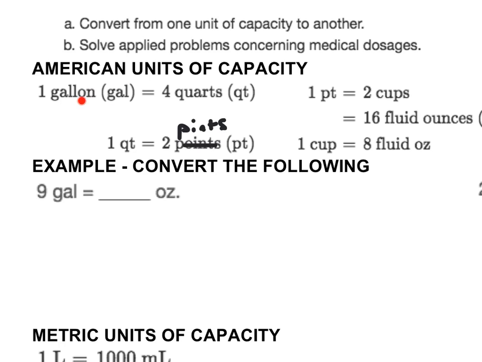If I wanted to go from gallons all the way to ounces, there's nothing in here that directly converts gallons into ounces. So we have to play a little game here. I know gallons can convert to quarts, quarts we can convert to pints, and then pints we can convert to ounces. So we're going to do quite a bit of converting here.